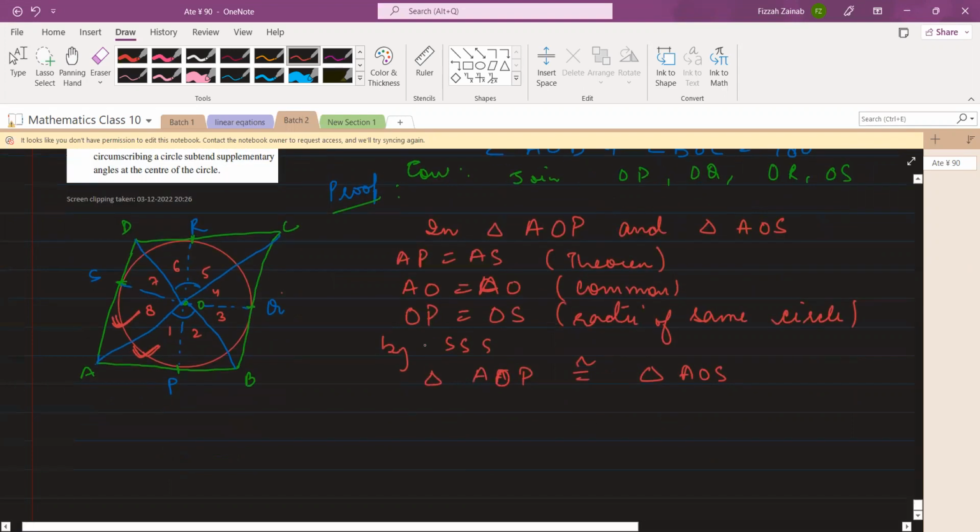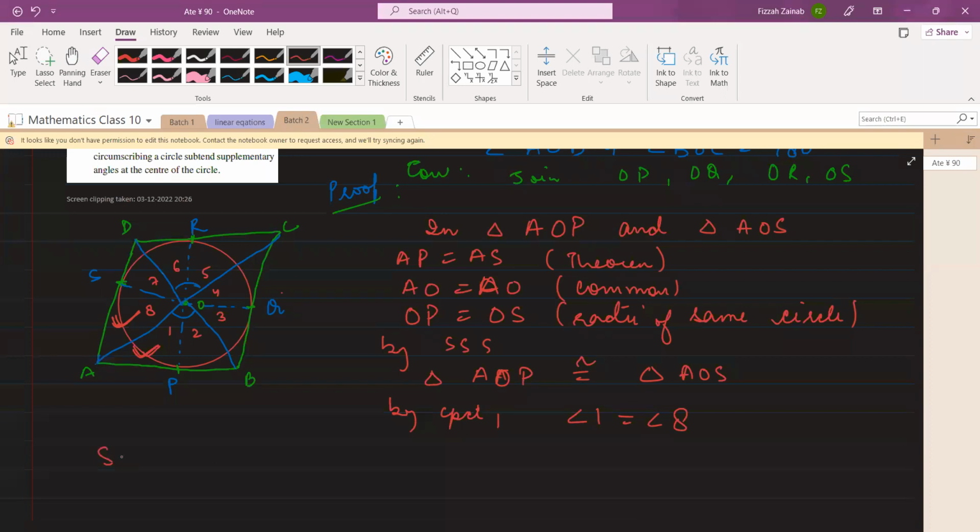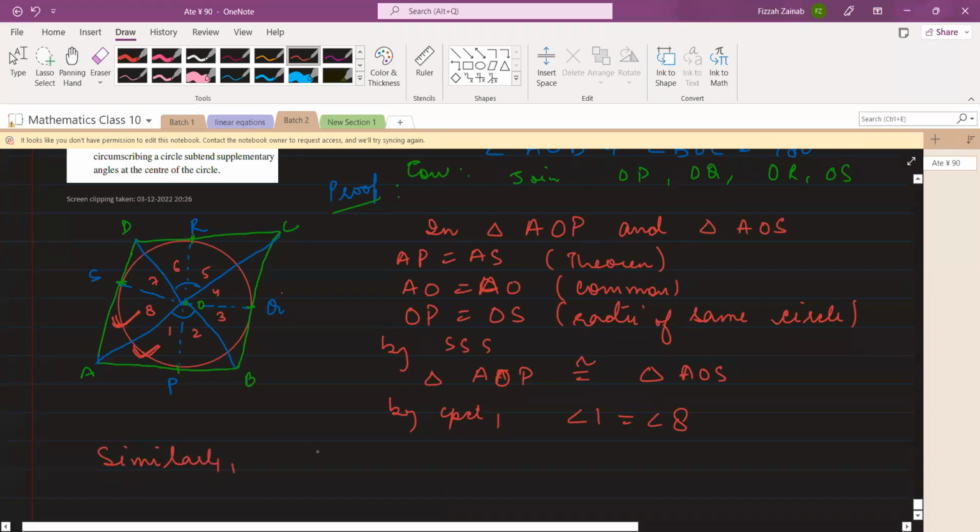And what will it give me? By CPCT, angle 1 is equal to angle 8. And the rest you can write similarly, so no need to do. Similarly, I'll get angle 2 is equal to angle 3, then 4 is equal to 5, and 6 is equal to 7.